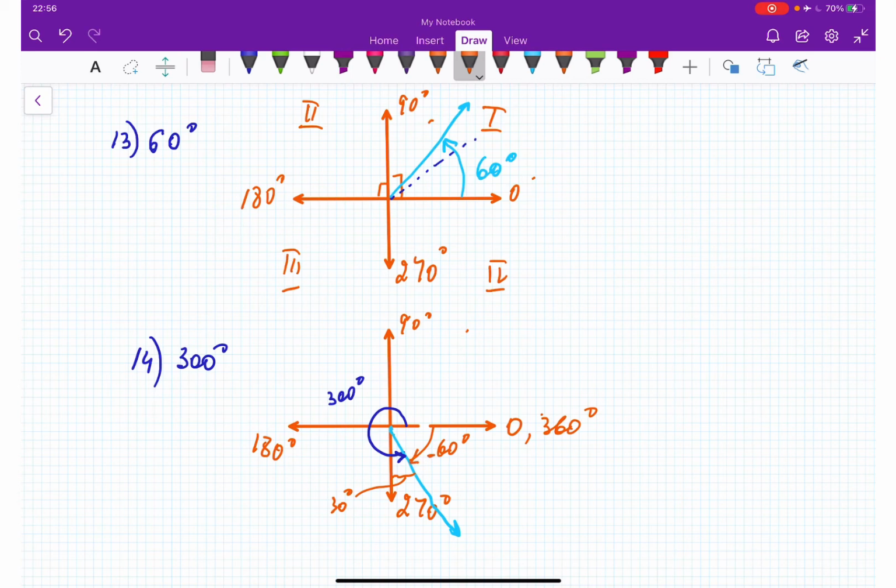Just to be sure, this is a circle, right? Our positive angle goes counterclockwise. Negative angle goes clockwise. So this is the negative angle, and this is the positive angle. Since I showed it clockwise, it's going to be negative 60 degrees.